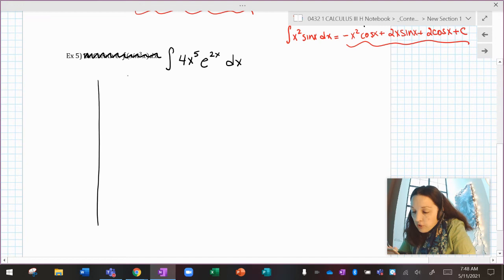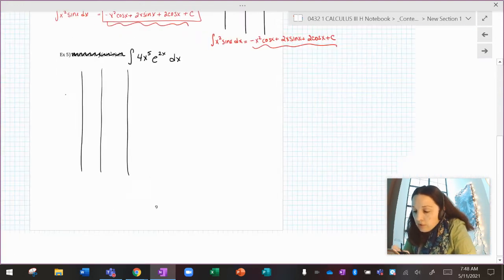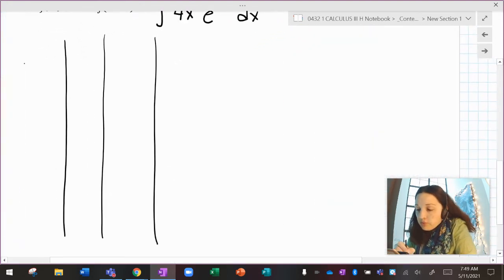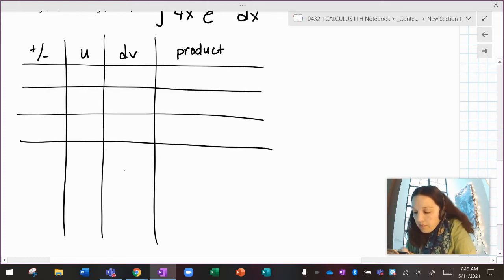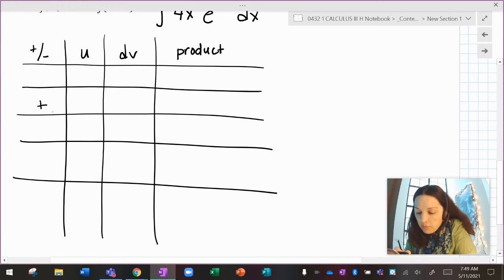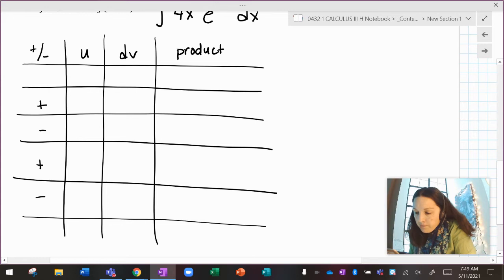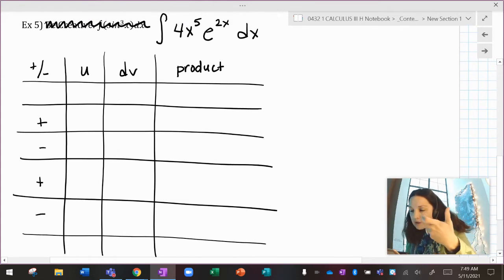So let's build the chart. I'm sorry for my jumpy screen. Plus minus, u, dv, and product. And let me write out some of my rows here. Skip the first row, plus minus, plus minus. See if I need to keep going. LIATE.